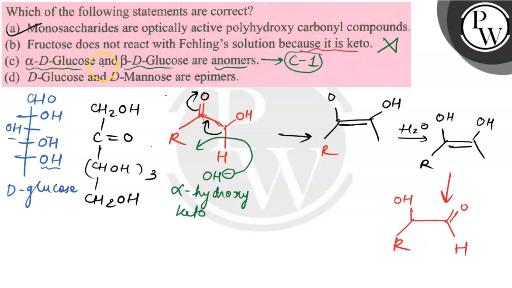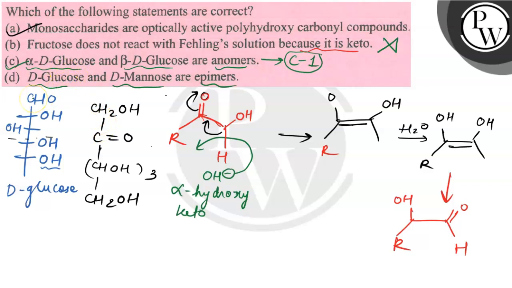Alpha D glucose and beta D glucose are anomers because they show exactly the same configuration, and only carbon one differs. Okay, so this will be the anomers. Now we'll see D glucose and D-Mannose are epimers. Epimers means the OH group differs at the second carbon.